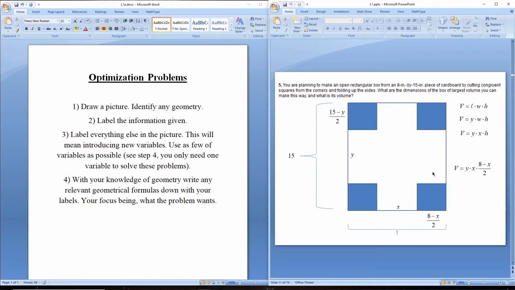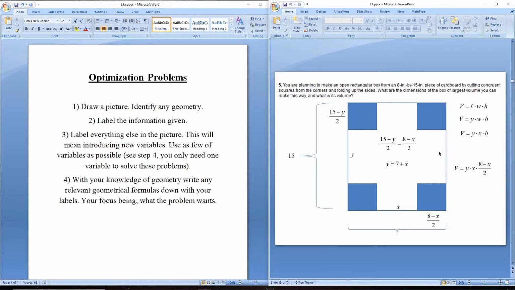And that means we need to find some relationship between x and y. There are many ways you could do it, but one is that these blue regions are squares, which means this (15 minus y) over 2 would have to equal (8 minus x) divided by 2, because they're representing the same length.